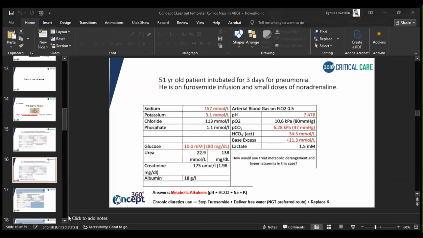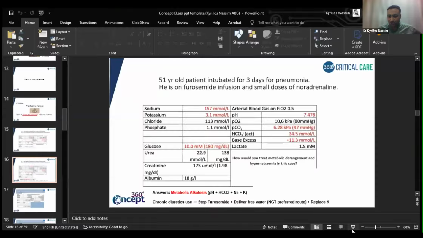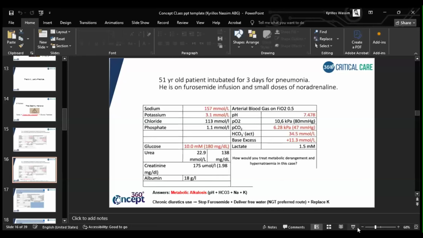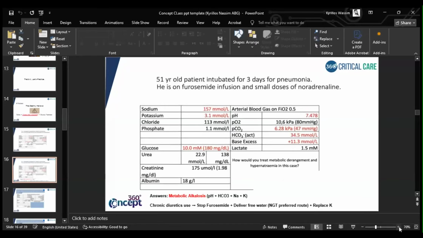Yeah, we can see now. Okay, that is good. No, it is again disconnected. Why is it happening? I think when I go to the slideshow, it disappears. No problem, I am sharing right now. Don't worry.